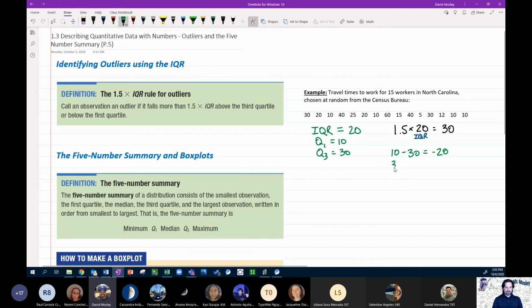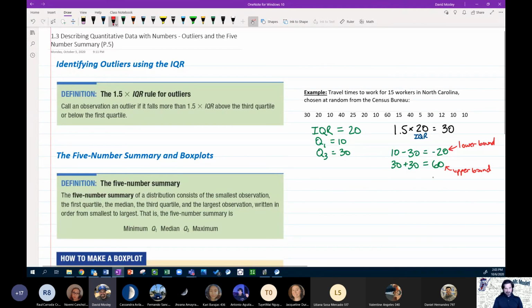And then we will take the 30 from Q3 and add 1.5 times 20 to 30. 60 for my upper boundary. So this one would be a lower bound, and this would be an upper bound, meaning anything lower than the lower bound is an outlier, anything greater than the upper bound is an outlier.